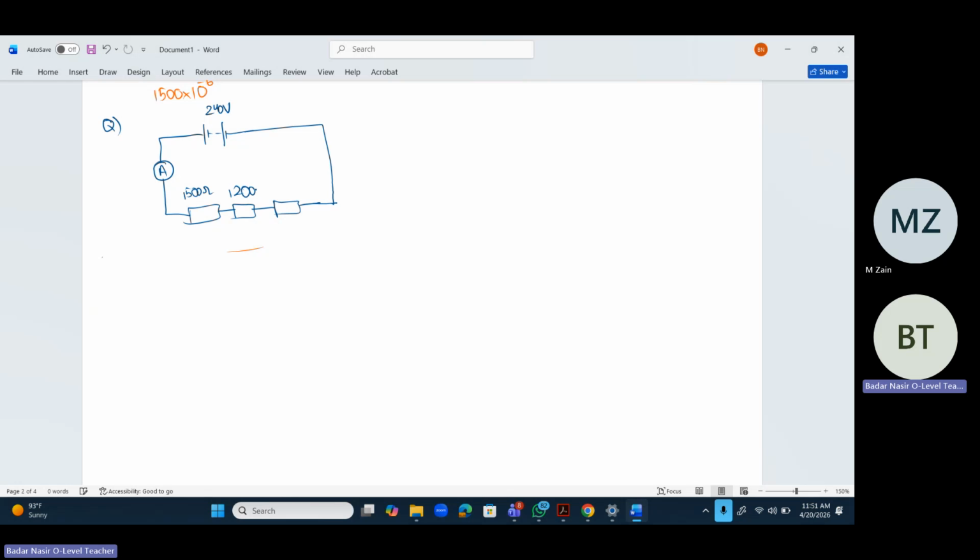जी बेटा. बेटा प्लीज सॉल्व दिस. So quickly just solve this question.